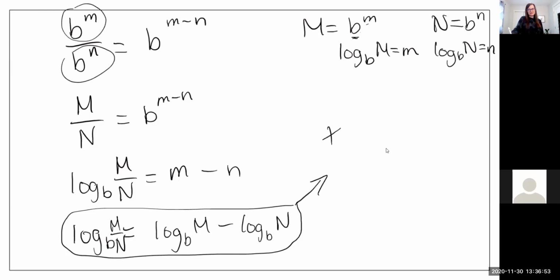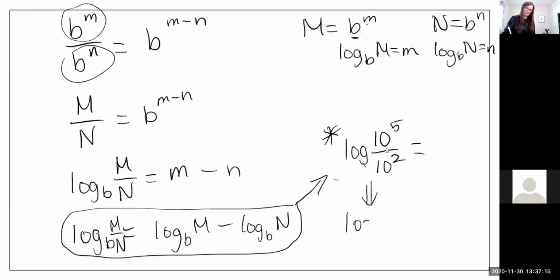But the biggest thing you're going to use this for is when you see something like log of 10 to the 5 over 10 to the 2. That's easy enough to simplify and say that's log of 10 to the 5 minus 2, which is 3, right? But you could also separate the log and it should also work. That's log 10 to the 5 minus log 10 to the 2, right?